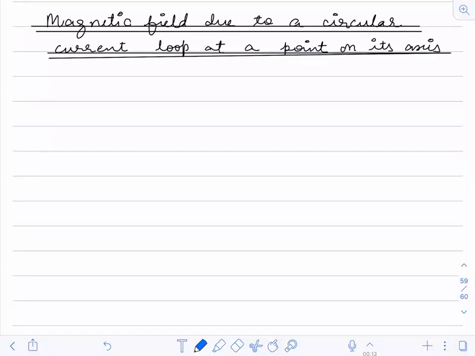Please focus on the screen. This is the situation I'm now drawing. You can draw the figure with me, if you want.